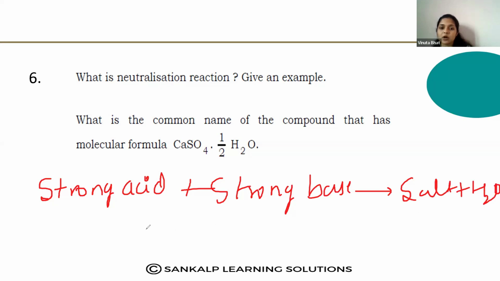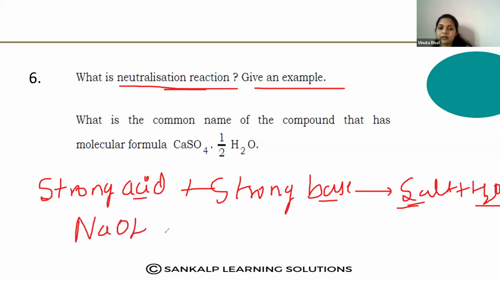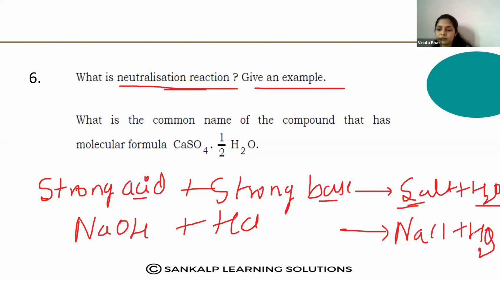So this reaction is called a neutralization reaction. When the acids react with the base, they form the salt and water. This is the neutralization reaction. Give example. When sodium hydroxide reacts with the HCl, it forms NaCl plus H2O. Okay, so this is the answer for the first question.